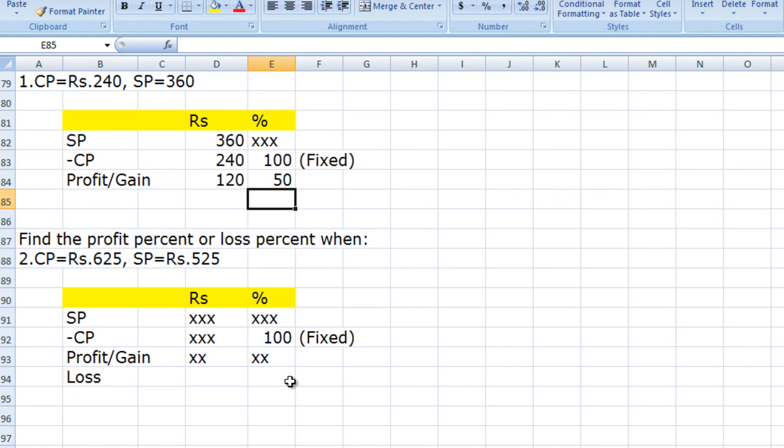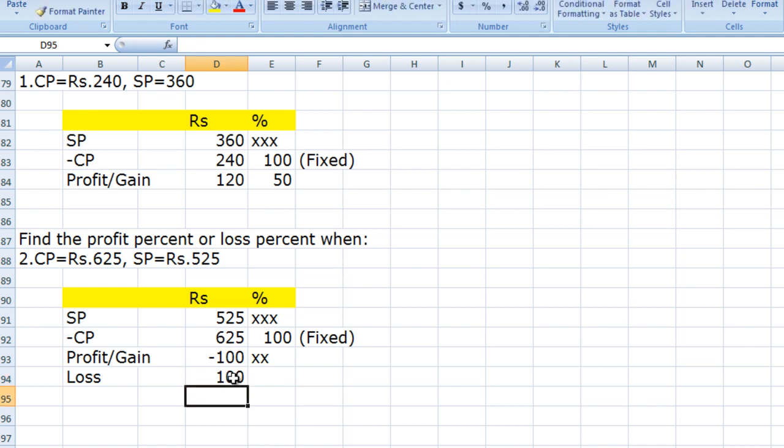Here the next situation is find the profit percent or loss percent when CP is equal to 625 and SP is equal to 525. Here CP is equal to 625 and SP is equal to 525. Therefore profit or gain is equal to SP minus CP, that is minus 100. So minus 100 represents a loss of 100.